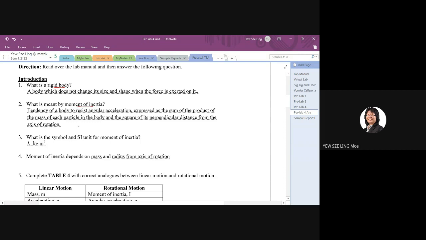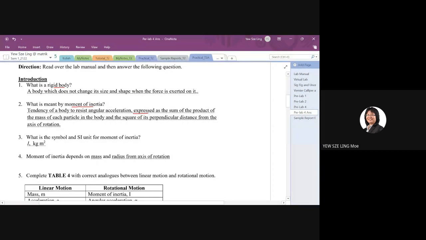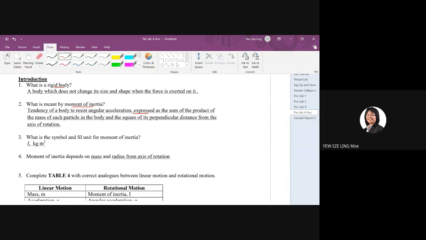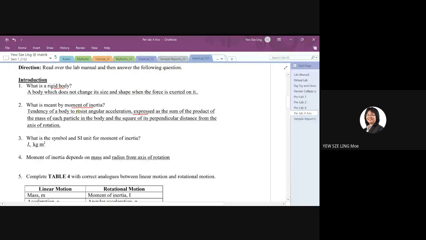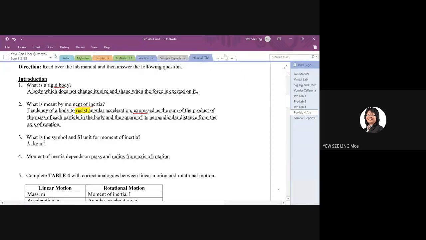So basically, this is the equation. But basically, the definition is to resist the changes, to resist the angular acceleration, as we learned in chapter 3.